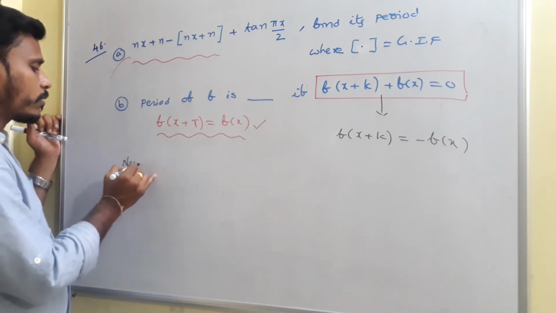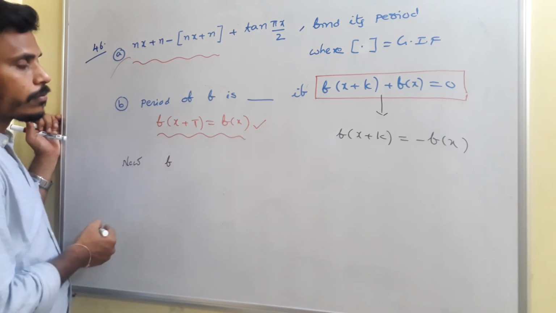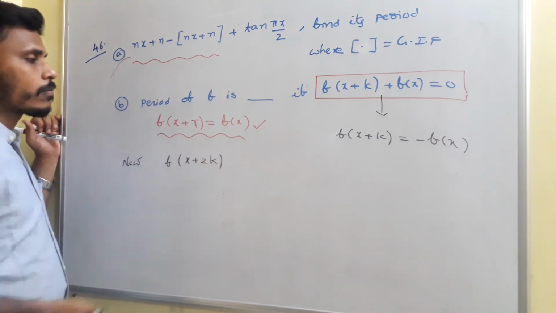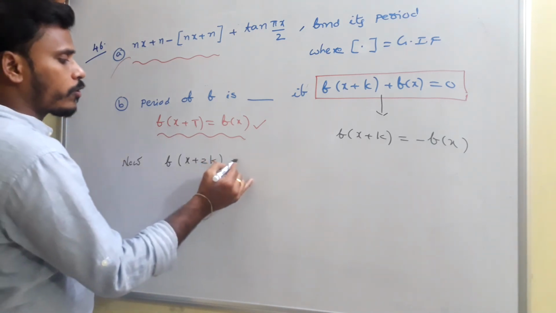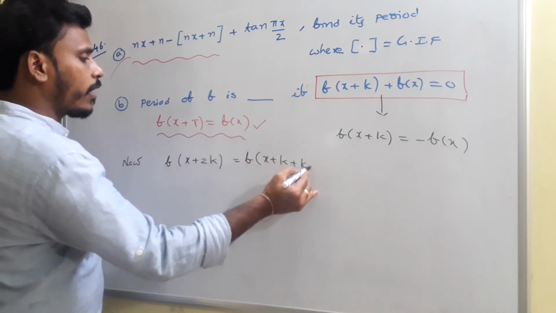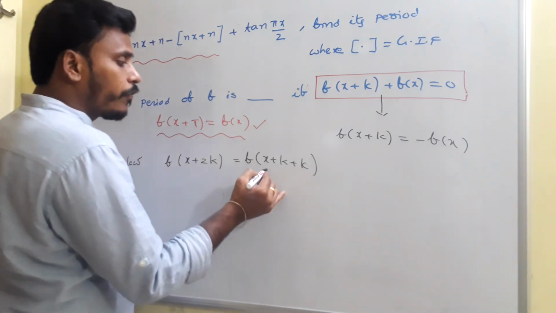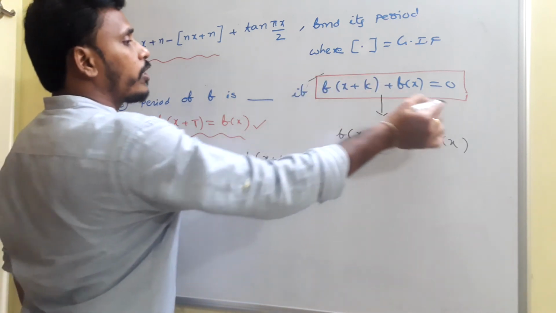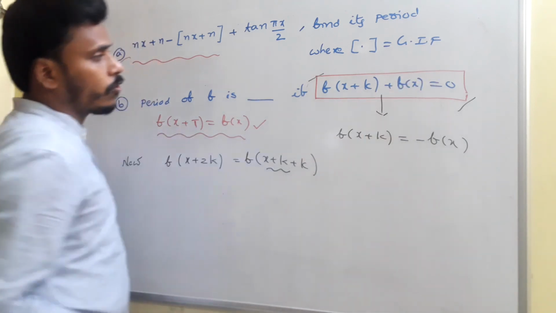Now what I do is, I will start with f of x plus 2k. f of x plus 2k is simply nothing but f of x plus k plus k. And now see, if you treat this x plus k as some quantity, then plus k, look, there is the given function f of some x plus k plus f of x is equal to 0.